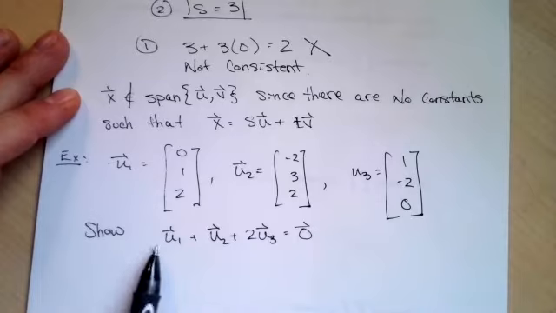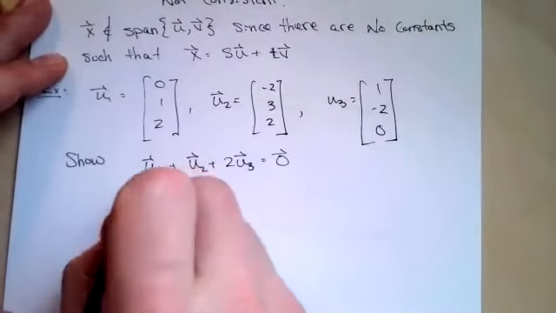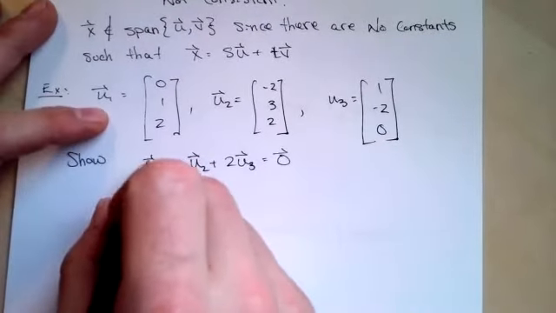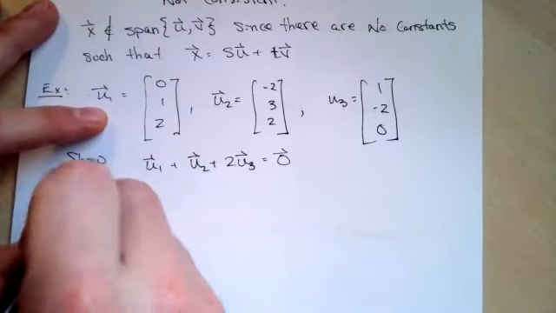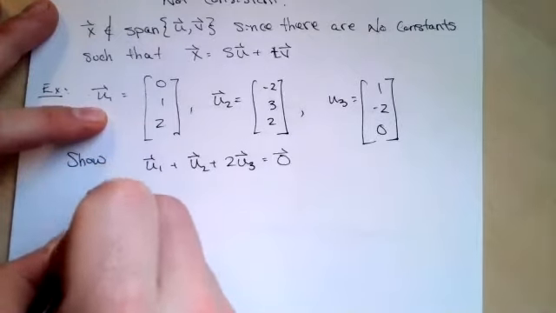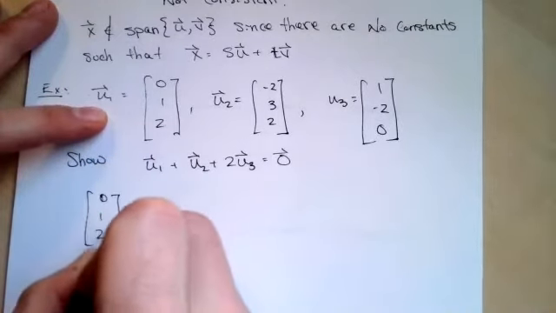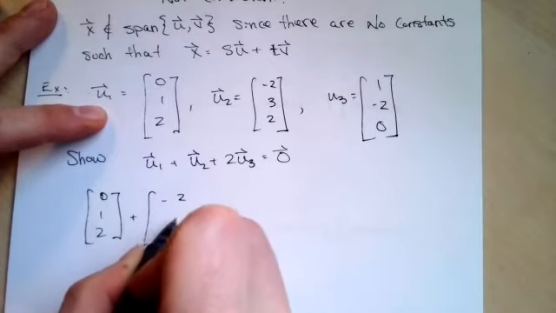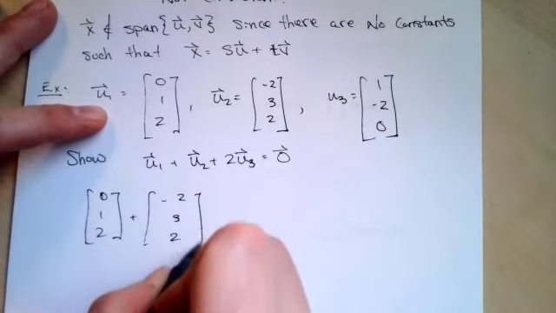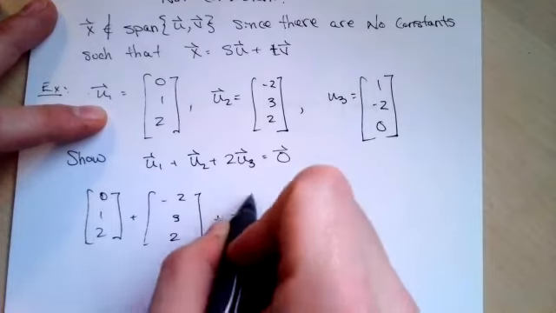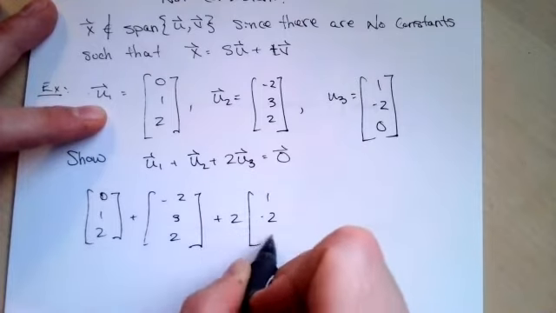So again, we're just taking a linear combination of U1, U2, and U3. And what are we going to get? Let's go ahead and write it out. 0, 1, 2 plus -2, 3, 2 plus 2 times 1, -2, 0.